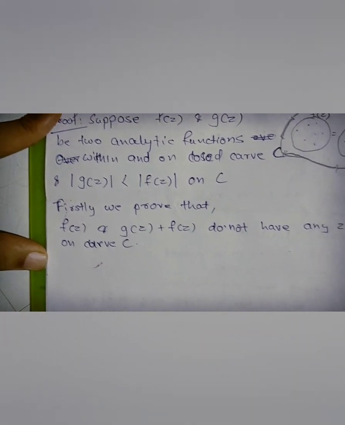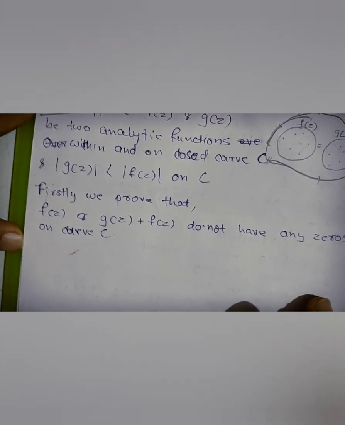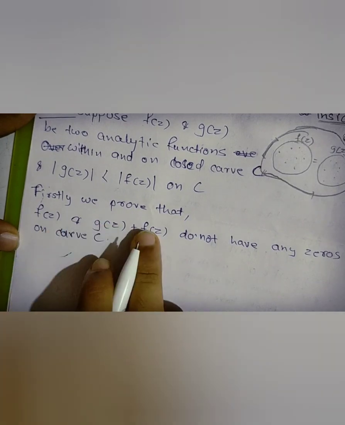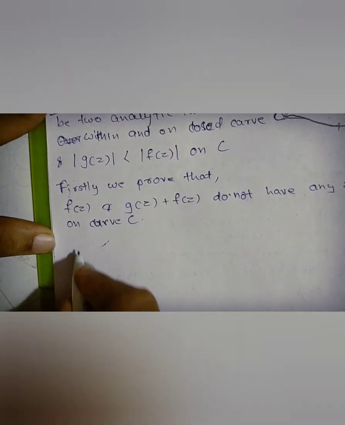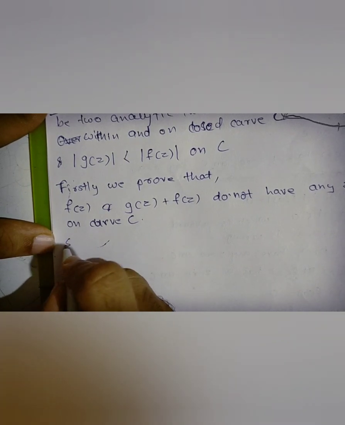So we will use the method of contradiction to prove this. We just need to prove that these two functions do not have any zeros on the curve C.